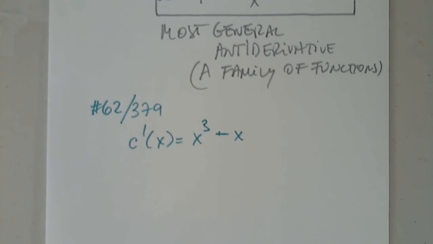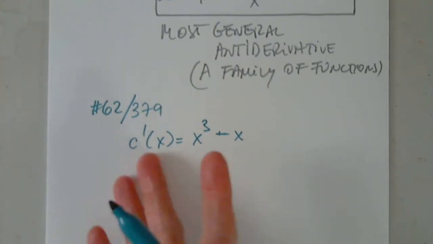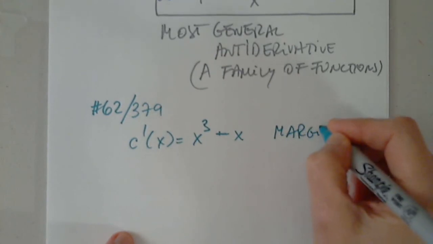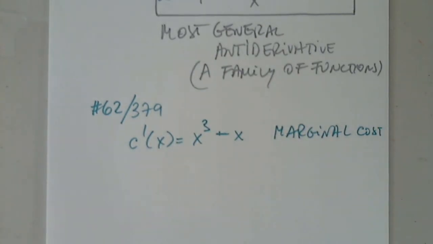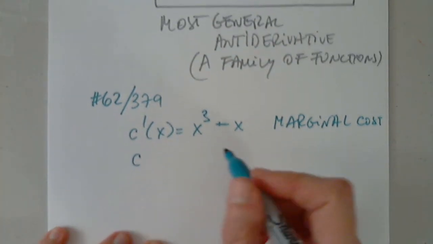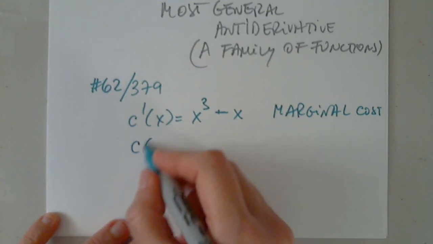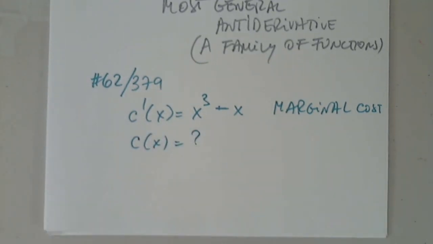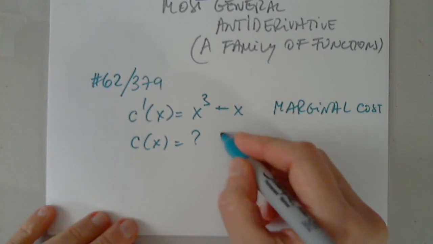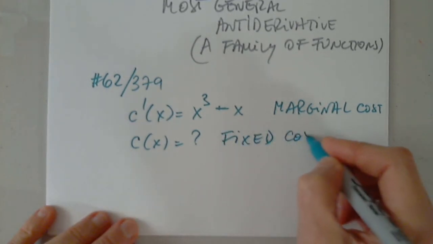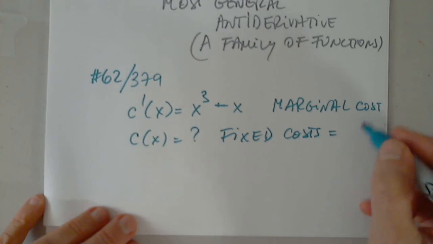Solid Rock Industries determines that the marginal cost of producing the x climbing harness is given by this function. Find the total cost function, assuming that C of x is in dollars, and that the fixed costs are given to us as being 6,500.